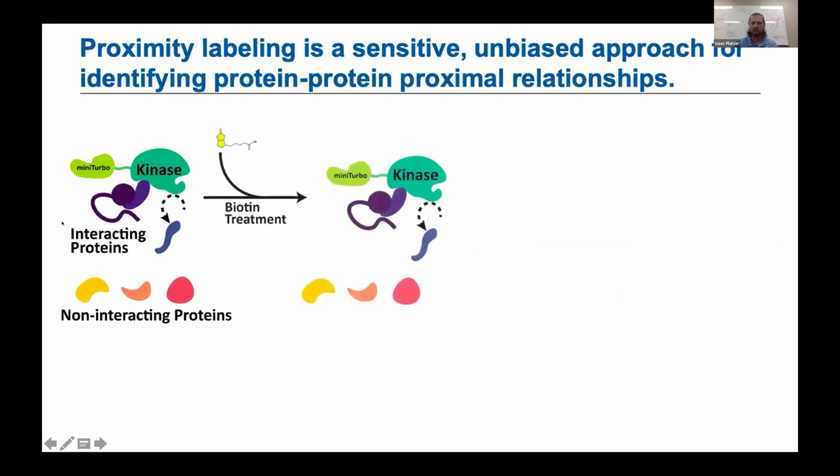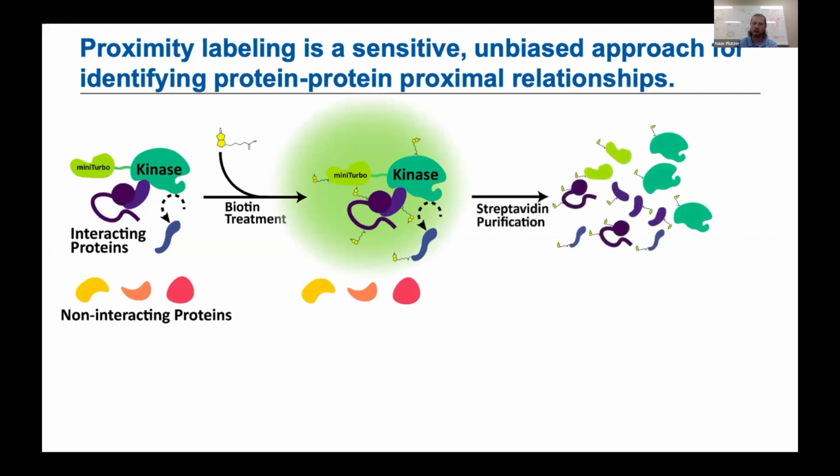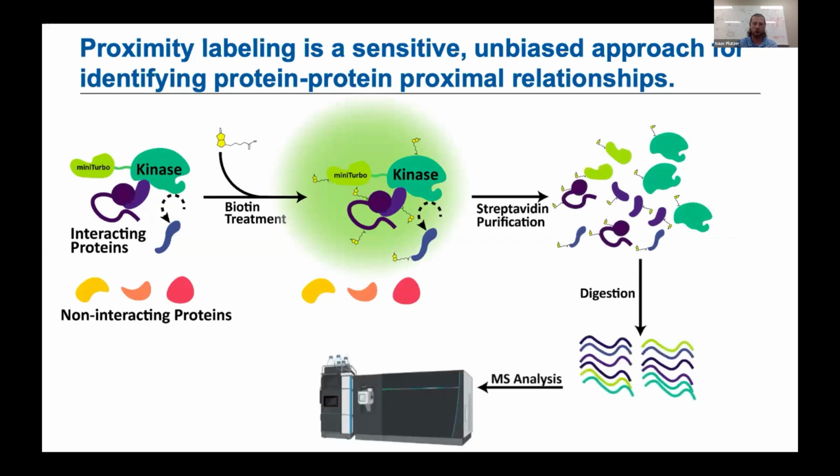When we add exogenous biotin into these cells, the proximity labeling enzyme creates a zone of highly reactive biotin AMP molecules that irreversibly and covalently modify surface-exposed lysine residues on nearby proteins. We can then purify these proteins with streptavidin and analyze and quantify them by mass spectrometry.